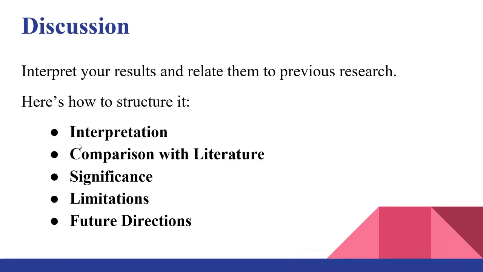The second part is comparison with the literature. Compare your research findings with those of other studies which have already been done. Then discuss the significance, which is nothing but the broader implications of your results.